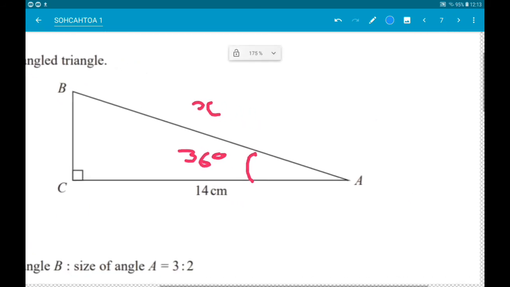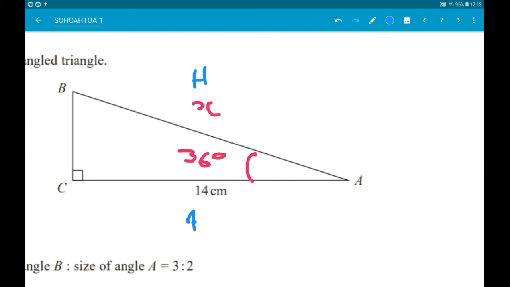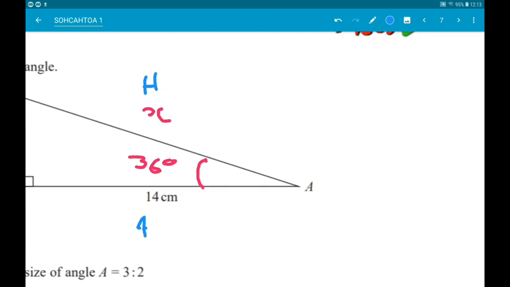So we have the adjacent and the hypotenuse. So is it SO? No. CA? Yes. So CA tells us cos 36 is the adjacent 14 over hypotenuse x.